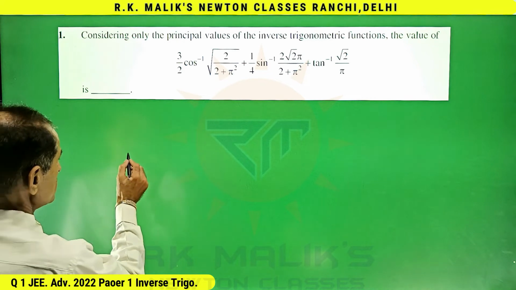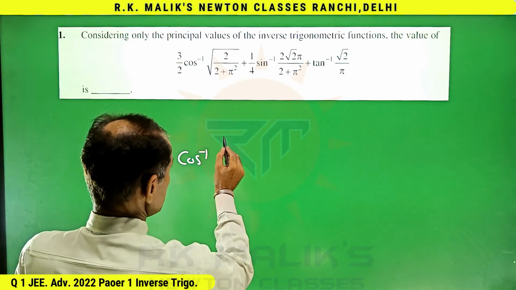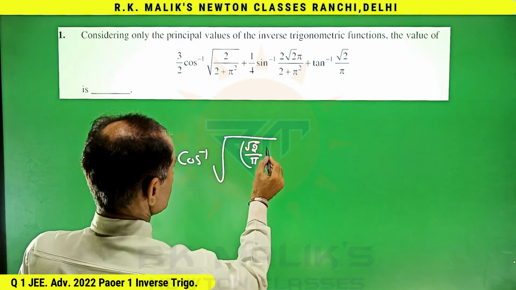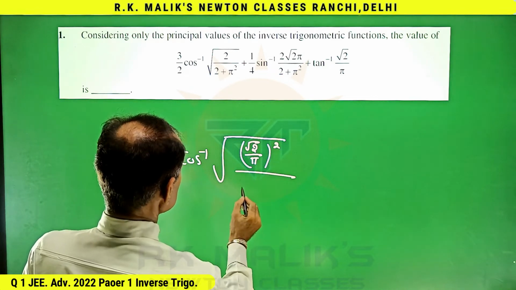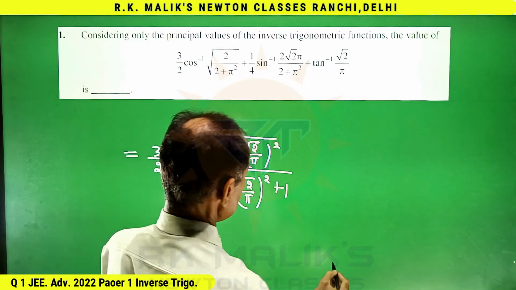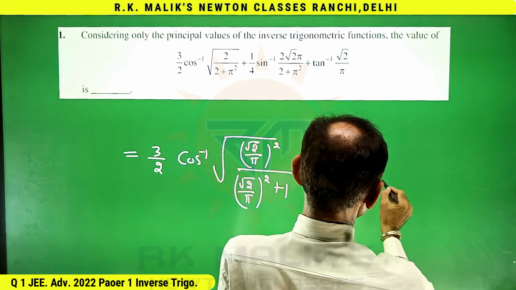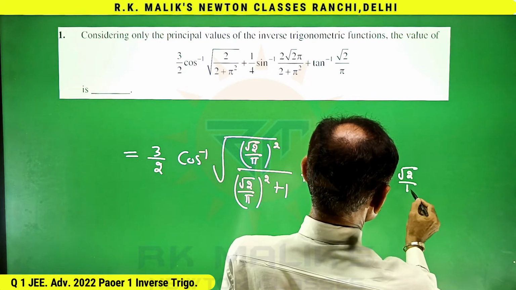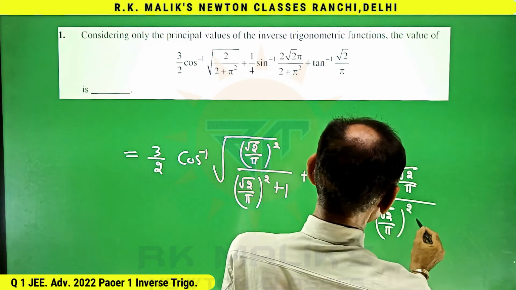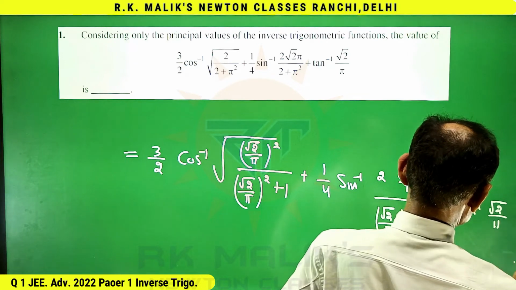Now write this question as 3 by 2 cos inverse under root (root 2 upon pi) whole square upon (root 2 upon pi) whole square plus 1, plus 1 by 4 sine inverse 2 root 2 upon pi upon (root 2 upon pi) whole square plus 1, plus tan inverse root 2 upon pi.